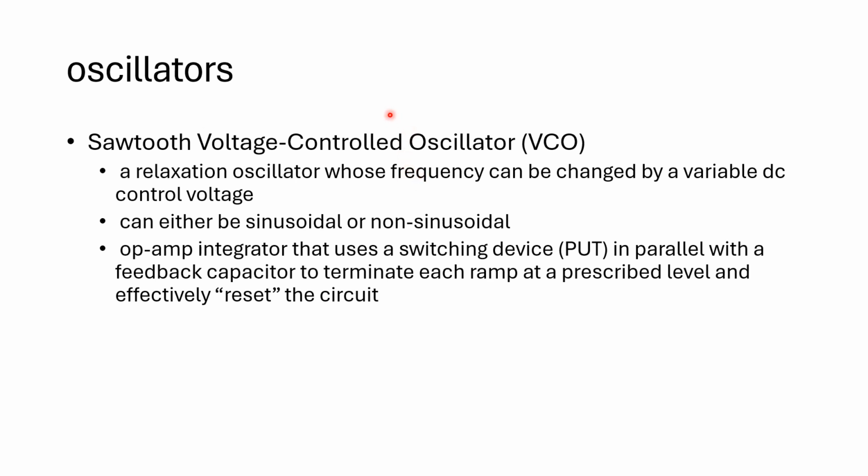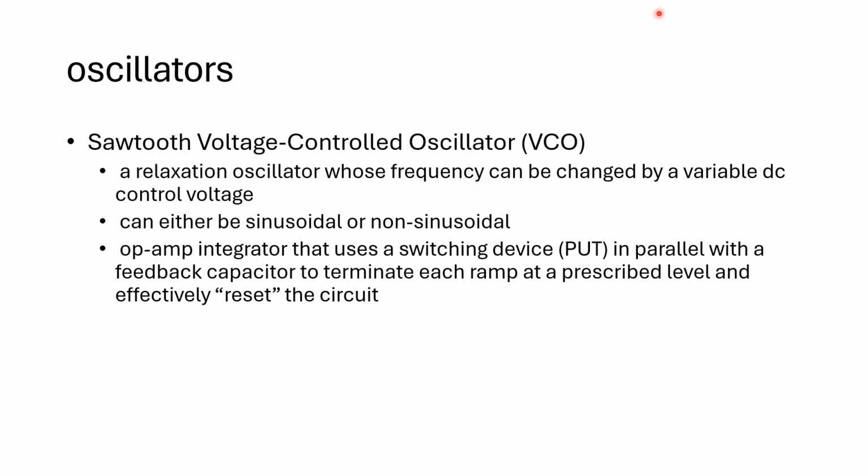One way to build a VCO is using a PUT. PUT is a programmable unijunction transistor.